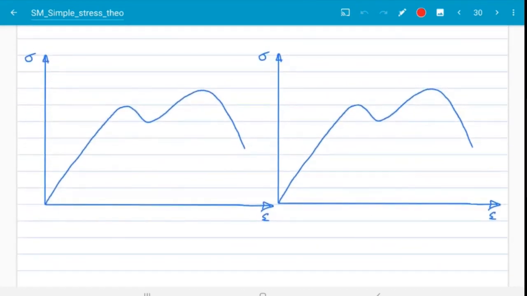I'm going to draw the modulus of strain energy.